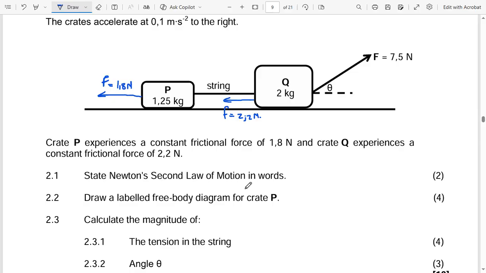To state this, I'm going to state Newton's second law using the formula F net is equal to ma. This is Newton's law formula.